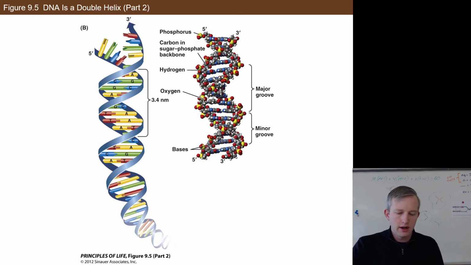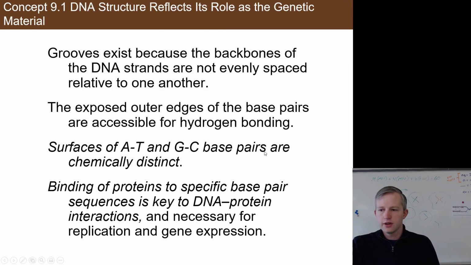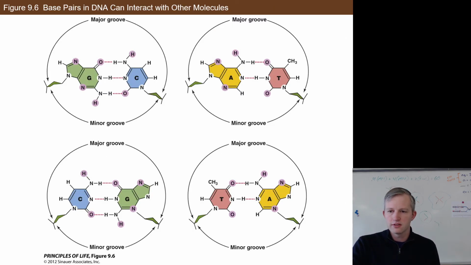It's not one that I'm going to dwell on or quiz you on. Same thing, the grooves are not a concept that we need to dive into. Just understand that if you are interested on a molecular biology level in some of the more details about this, the chemical structure of DNA matters in so many different ways in terms of how it interacts with the different components of itself, and also all of the other things going on inside of the cell.